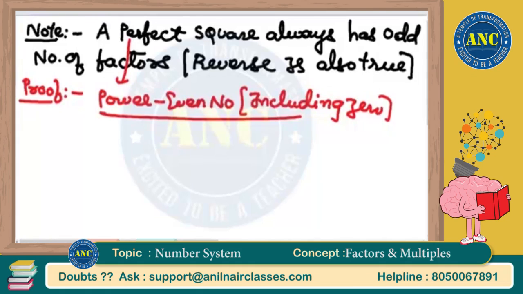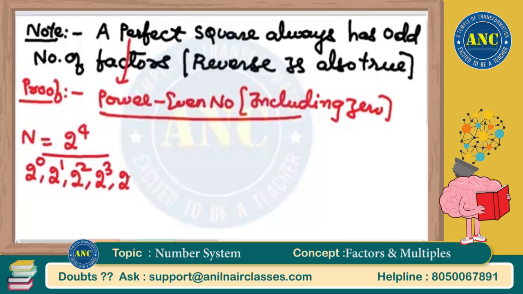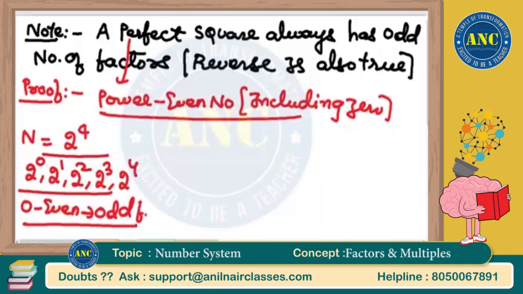If the power is an even number, say 2 power 4, how many factors will I get? 2 power 0, 2 power 1, 2 power 2, 2 power 3, 2 power 4. From 0 to even, how many factors will there be? An odd number of factors.